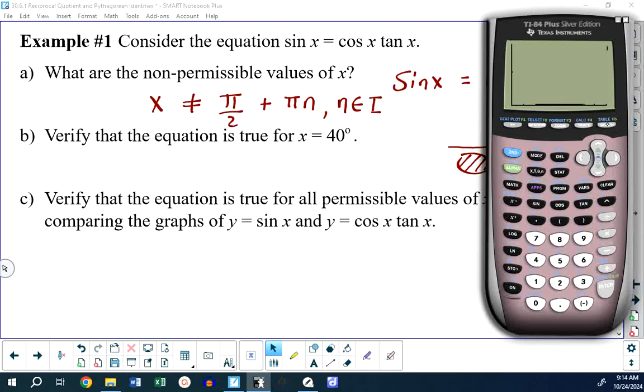Except I meant to go zoom trig, of course. There's sine of x, and here comes cos of x, tan of x. But you can't see it, can you?